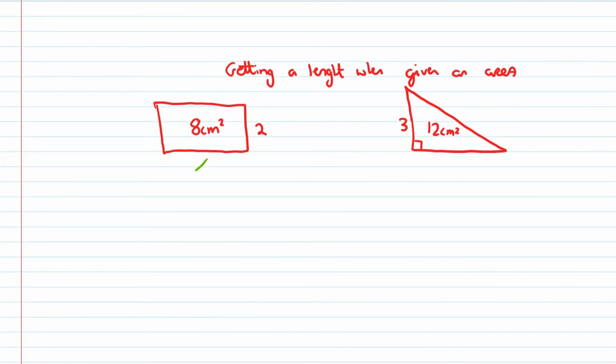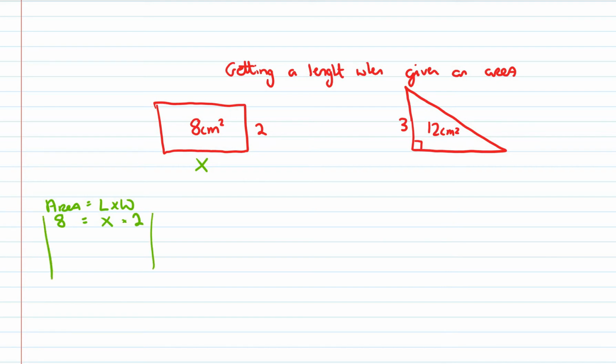So let's say I want to find out x, that length. This time I'm given the area. Very easy. Write out our formula. Area equals length multiplied by width. We know the area, so we slot it in. So 8 equals, well, the length we don't know, it's x, multiplied by the width, which is 2.